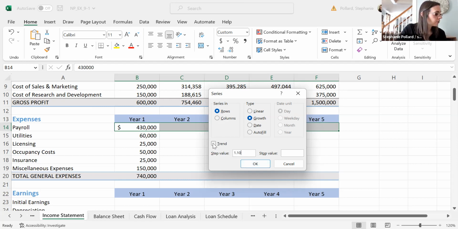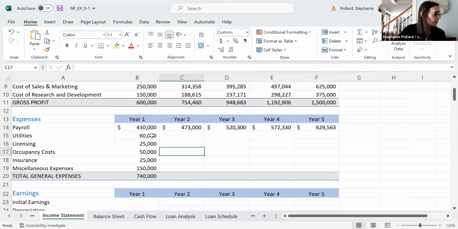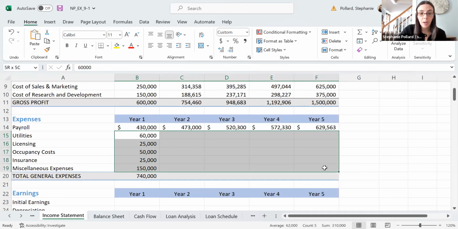Notice I'm not checking off trend this time. We're going to use the steps, and it will fill in and increase it by a growth rate of 10% for each. Now, maybe I don't think that utilities, licensing, occupancy costs, insurance, et cetera, will be as high of a growth rate. Maybe I think they're only going to be 5%. So for the next group, I'm going to have them grow the same way. I'm going to select the whole group here, not my totals though.